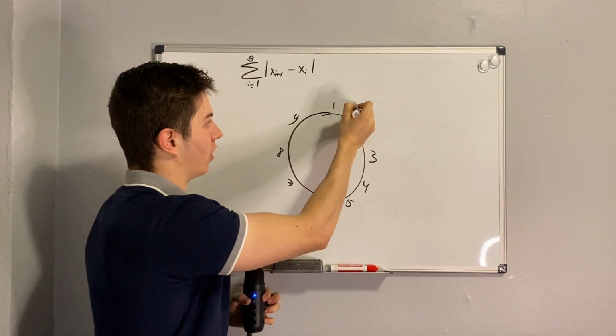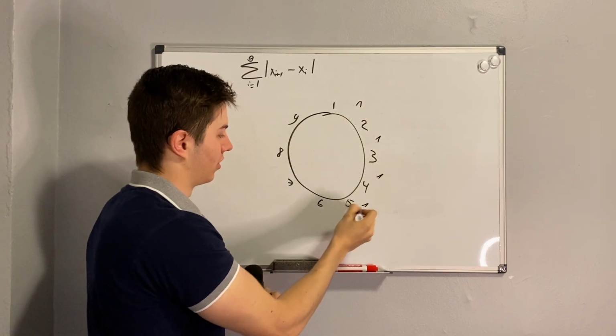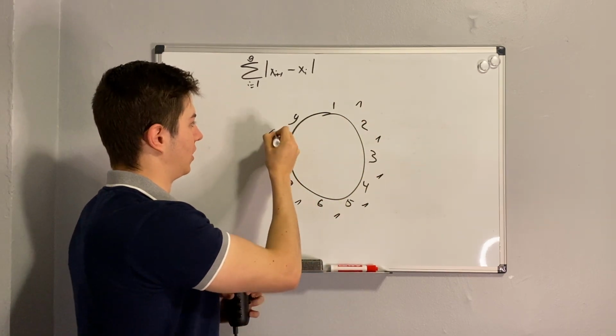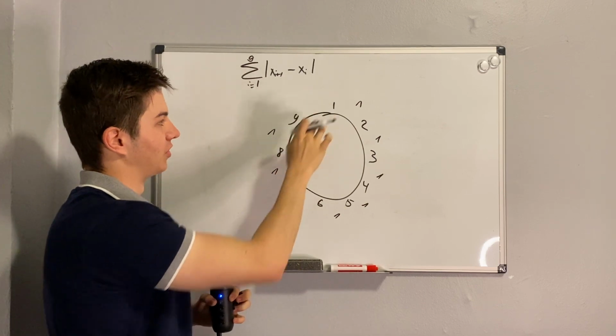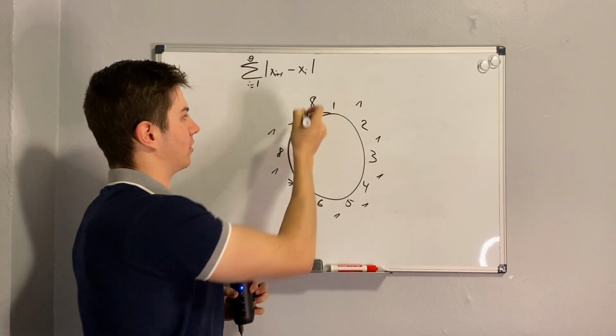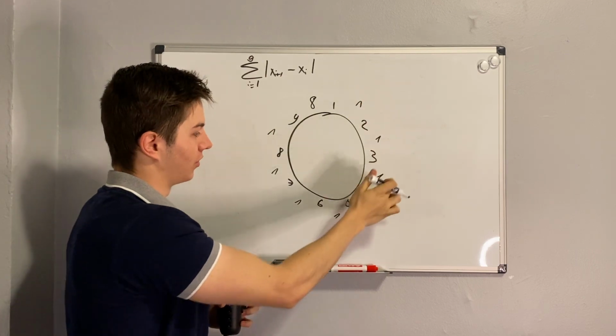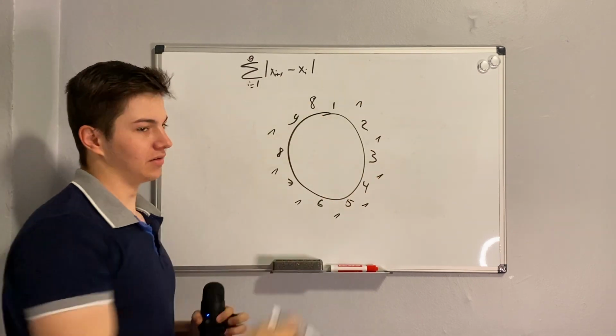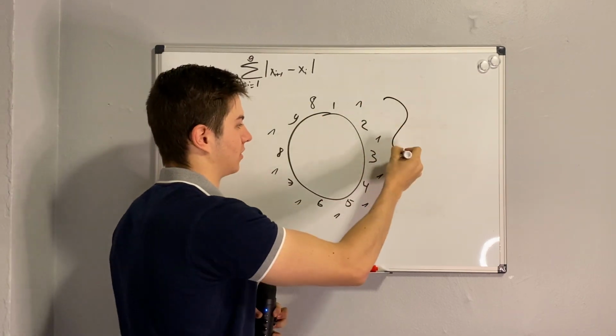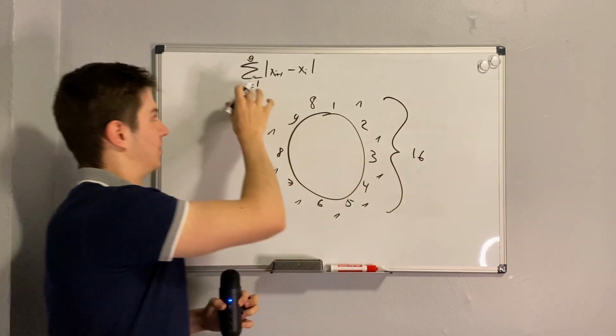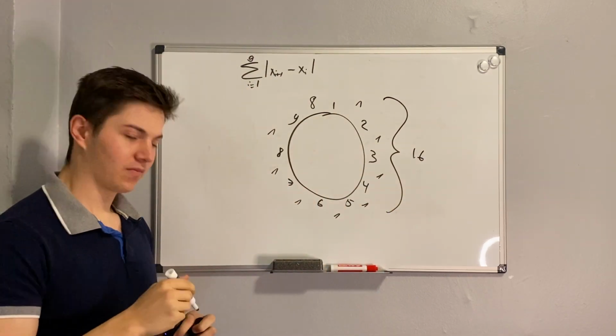We have ones all around the circle, except for this last one where the absolute difference is 8. So we'll put 8 here. Adding them up, we have 1, 2, 3, 4, 5, 6, 7, 8, plus 8, that's 16. So for this arrangement, the sum of absolute differences is 16.